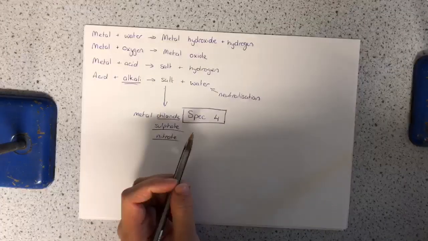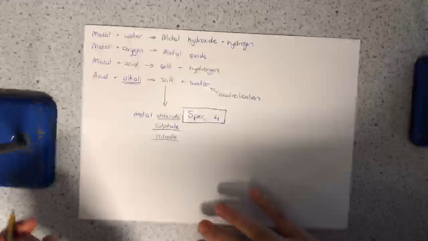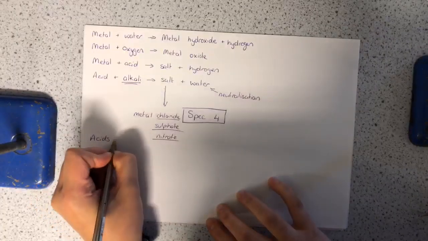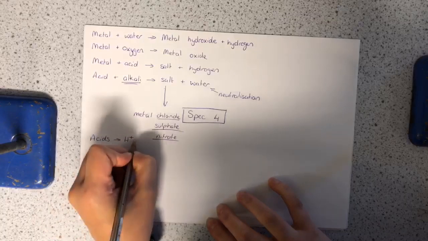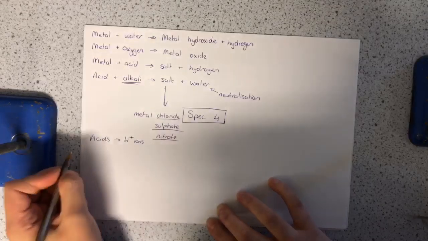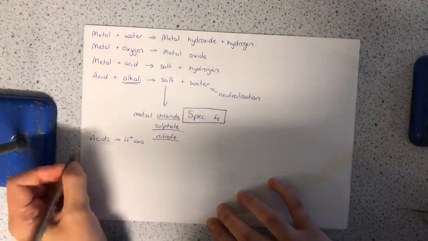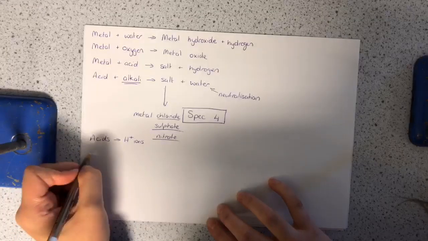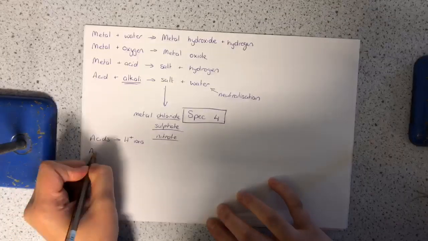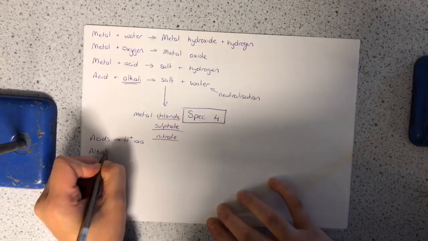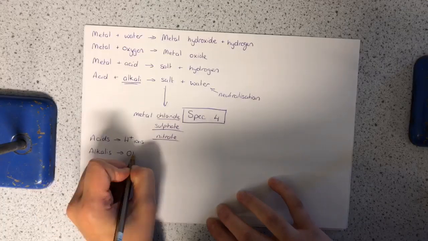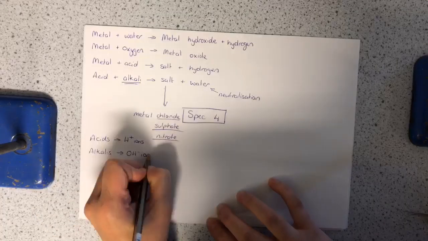Did a little bit about the pH scale. I will just say acids contain H plus ions. Neutral will contain an equal concentration of H plus and OH minus. Alkalis contain a high concentration of OH minus ions.